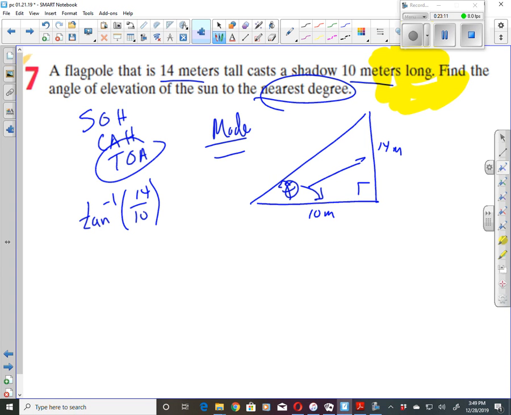So we're going to go inverse tangent and I've got about 54.5 degrees, actually 54.46. Nearest degree would be 54 degrees. So we're just going to say about 54 degrees.